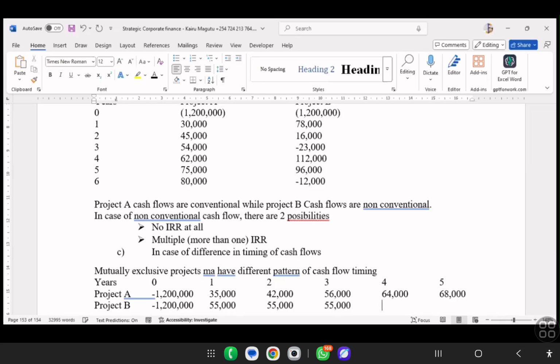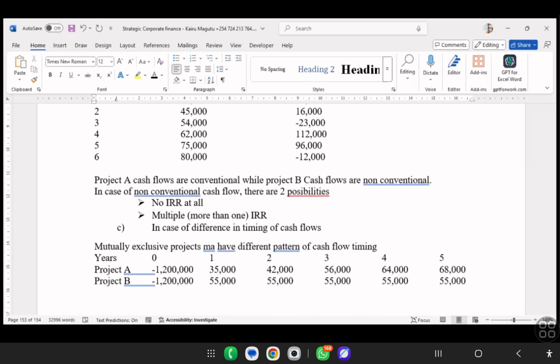A constant annuity, 55. Such projects are likely to cause a conflict when you are ranking them, when the cash flow pattern is different. Or you could be having another one, where the cash flows are decreasing towards the end of the project's economic life.